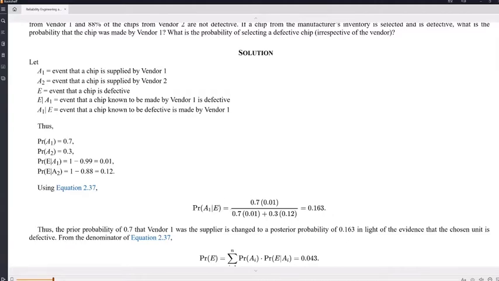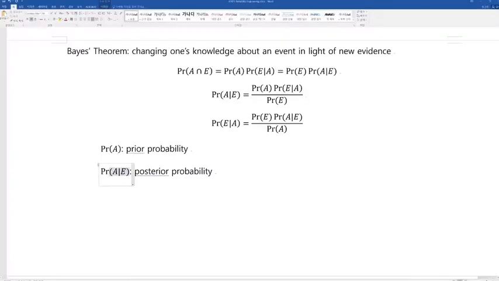So if we go back to our notebook, in our previous example, this is the probability that the chip was produced by vendor 1, and all these probabilities will be given: the probability that a chip is defective.